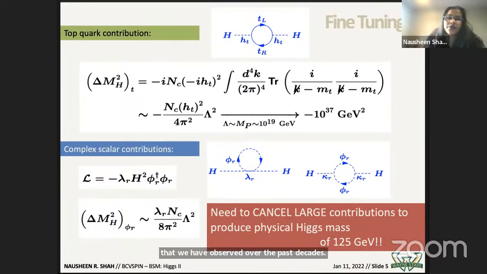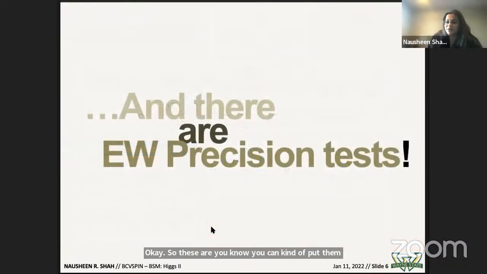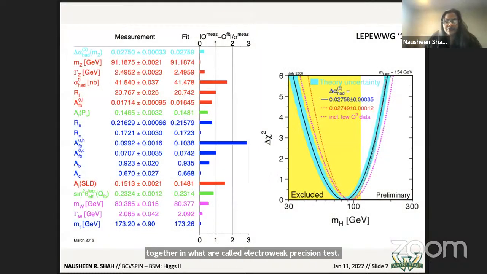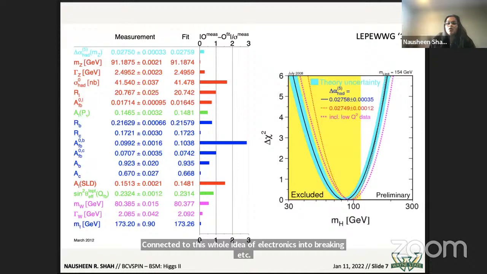So these, you can kind of put them together in what are called electroweak precision tests. There's a whole plethora of these different quantities that we have measured quite precisely over the years. And so this is things like the mass of the different gauge bosons and their widths and stuff like that. And because the Higgs is so intimately connected to this whole idea of electroweak symmetry breaking, the Higgs plays a role in a lot of these quantities.